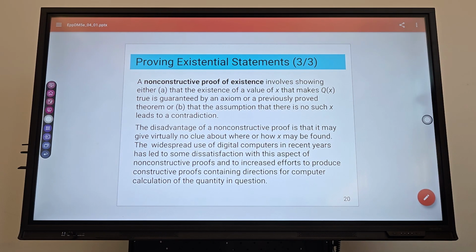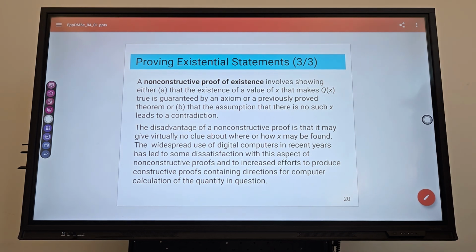A non-constructive proof of existence involves showing either A, that the existence of a value of x that makes Q of x true is guaranteed by an axiom or a previously proved theorem, or B, that the assumption that there is no such x leads to a contradiction.